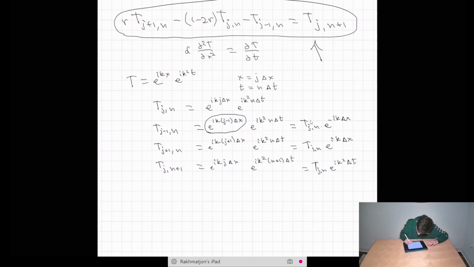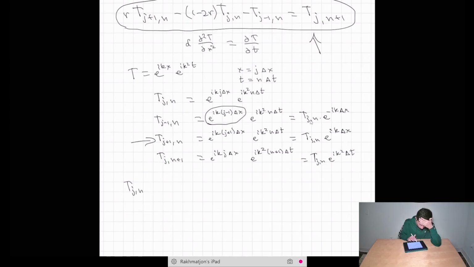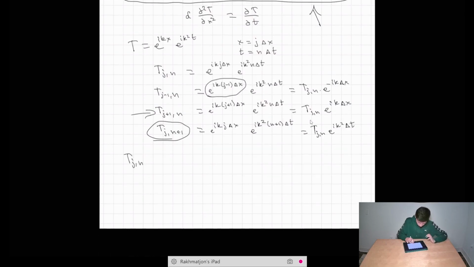I have r times the temperature at j plus 1 at time n, which is this thing. Let me factorize T j n out of the brackets.